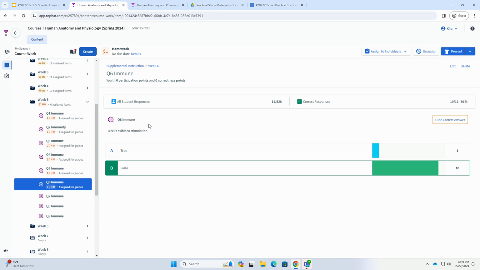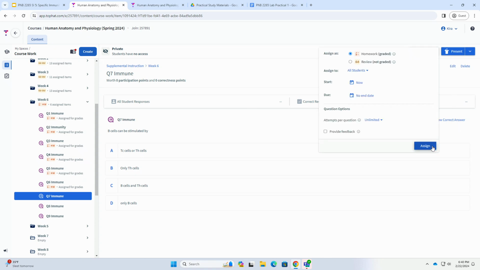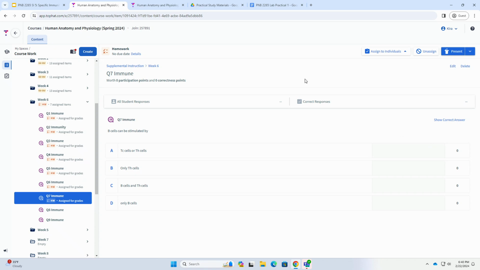I'm not entirely sure. I just didn't know from the lectures because I thought MHC2 is only on B cells, dendritic cells, or one more? I'll look more into it after, to double check. B cells can be stimulated by. That was a good question though.